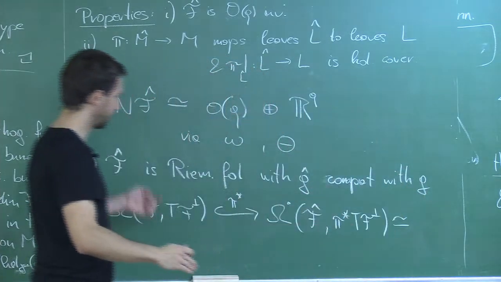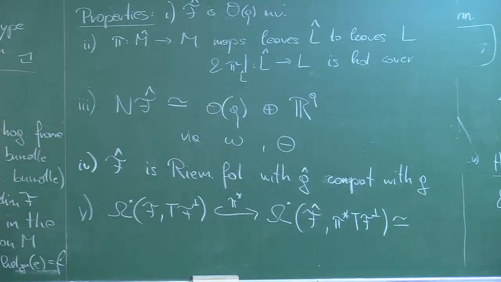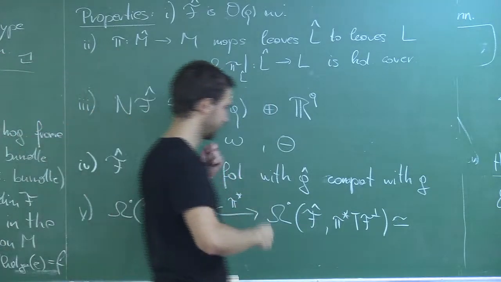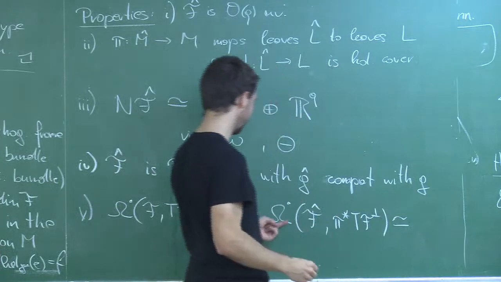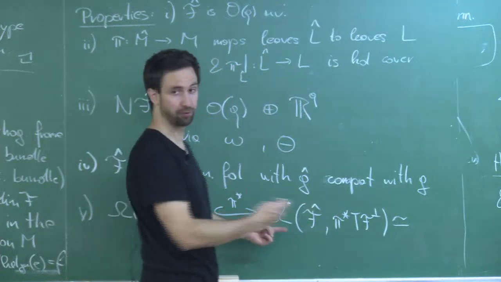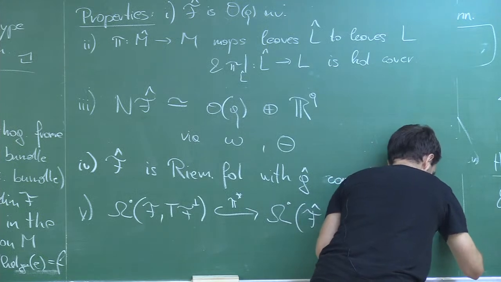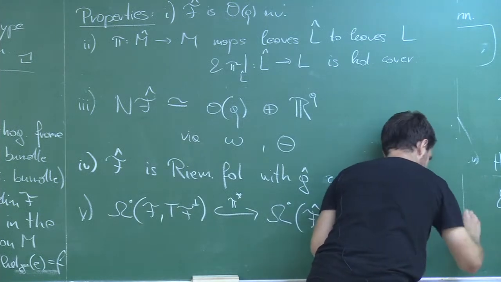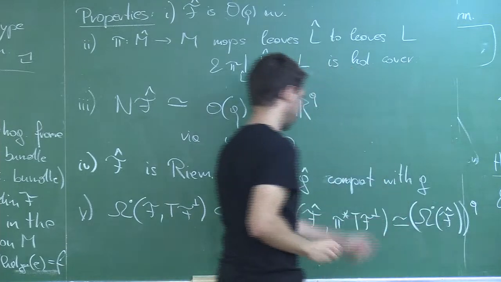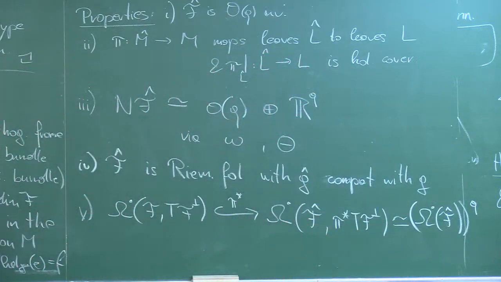And the nice thing is, because upstairs the normal bundle is trivial and also the corresponding connection is very nice, we actually can identify these forms just with foliated forms, times the codimension, I think. Right.